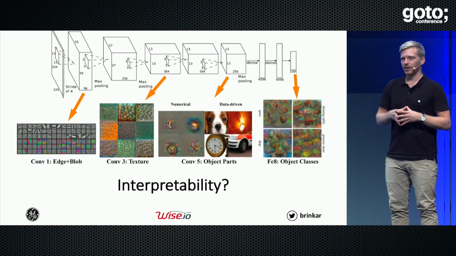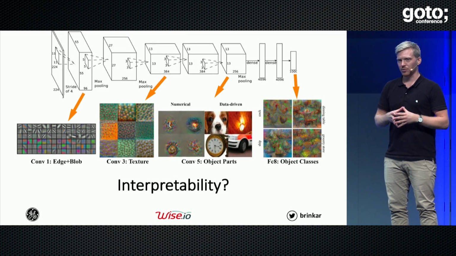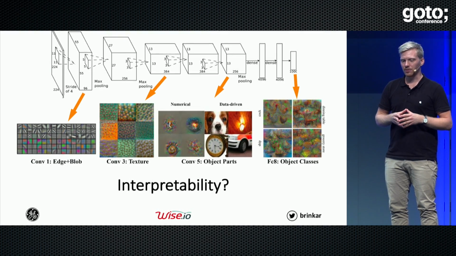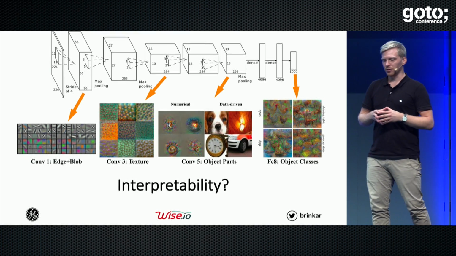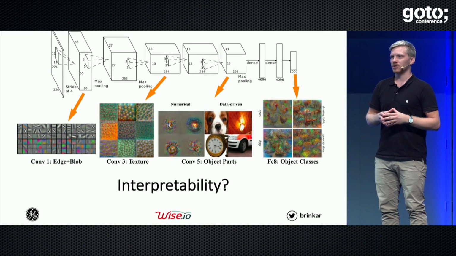So if you were a computer vision person 5 years ago, because probably there's not many left now, you would actually do exactly what this model has learned by itself in the layers. You'd start doing edge detection, you'd start doing texture detection, you'd start doing object and shape detection, and then you'd find objects, right?